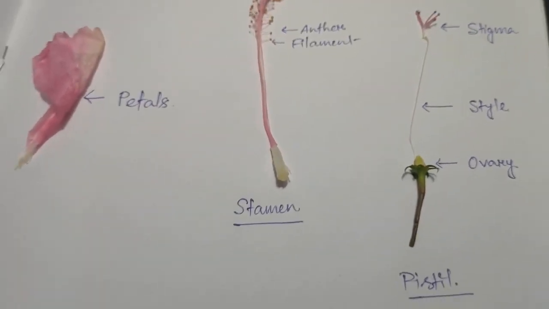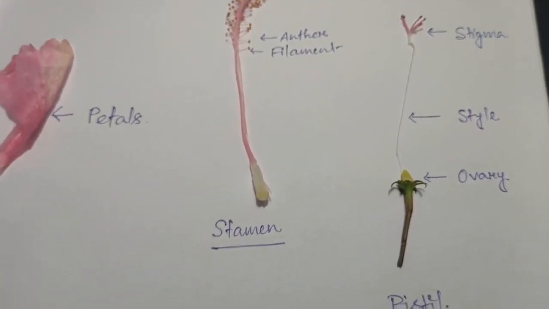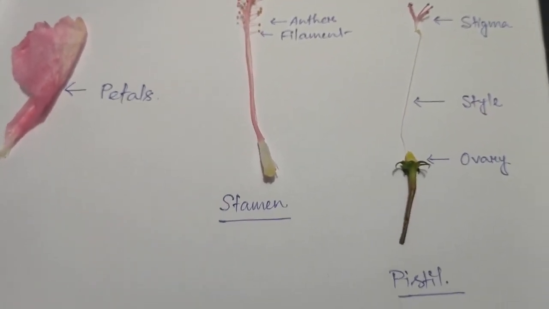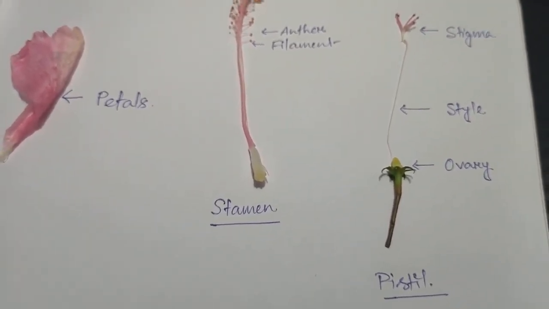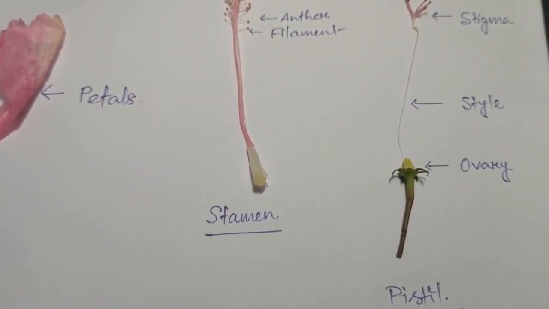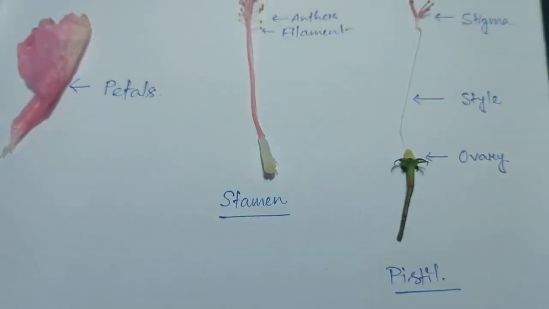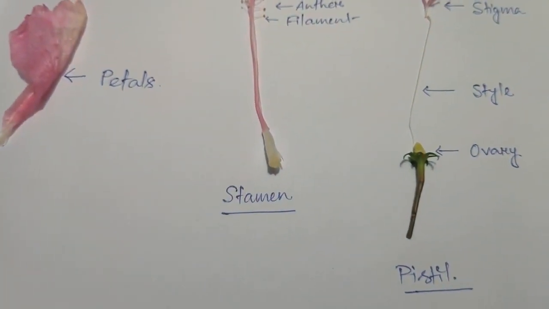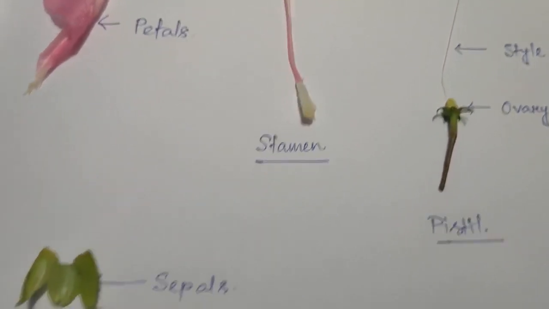And in some flowers both the stamen and pistil are present together in the same flower. About that you will learn in higher classes. Now you just understand the different parts of a flower. I haven't displayed all the parts here, and I will dissect the ovary and show you what is present inside the ovary in the next part.